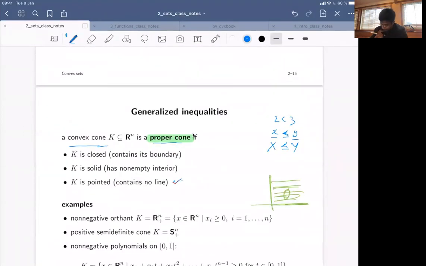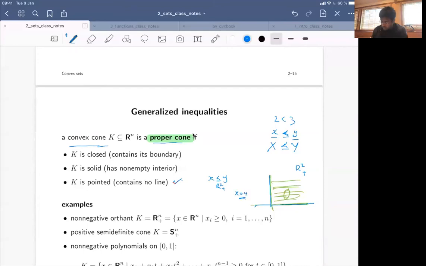And for example, for this closed set, if you take R2 plus, we are comparing x and y, but what happens if x equals y?